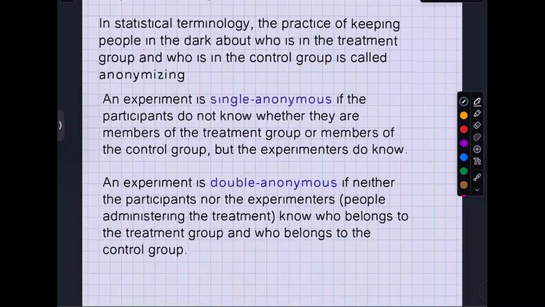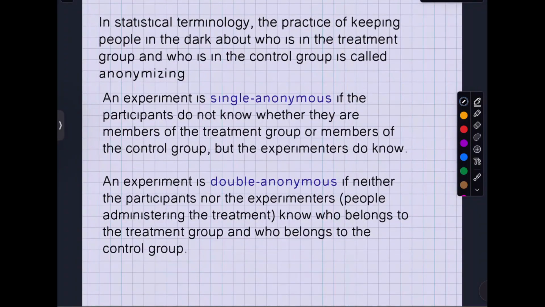And here's what I was talking about with single anonymous versus double anonymous, or single blind or double blind studies, right? Double blind studies are the best only because nobody knows, right? The nurse doesn't know, the doctors don't know who's getting what.